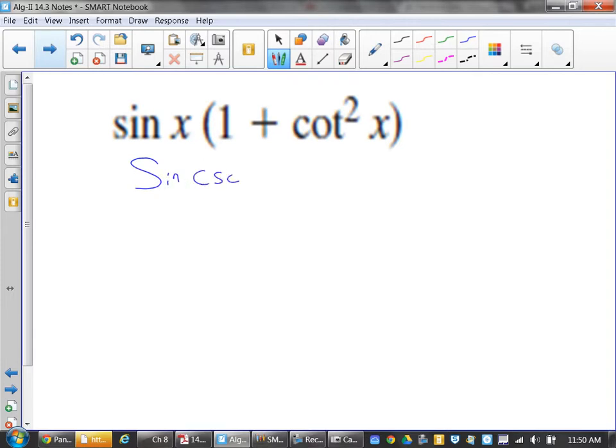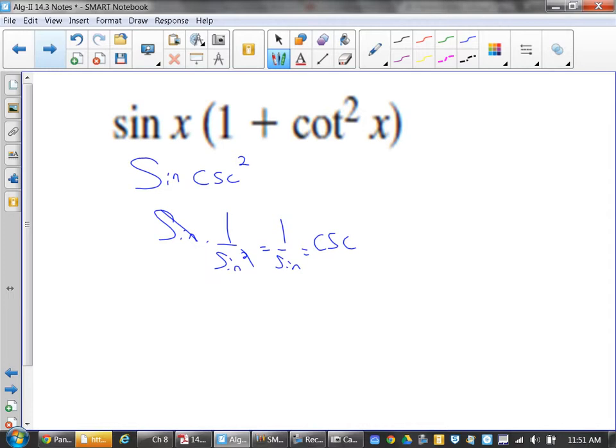Wait, were we verified? No. Simplified. I like this because there's not a million ways you can have it. You guys get cosecant? Yes! Wait, so we shouldn't leave it as 1 over sine?